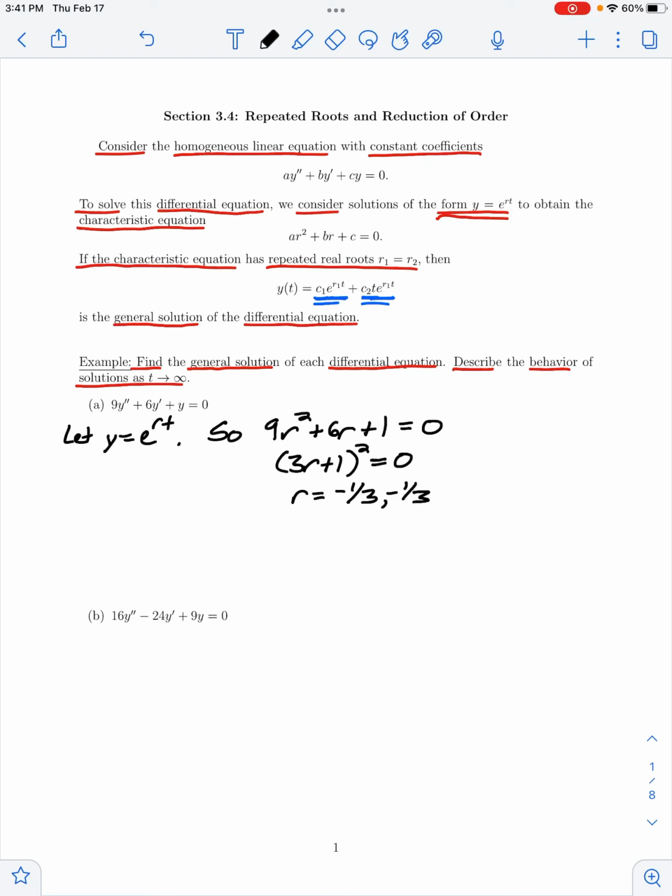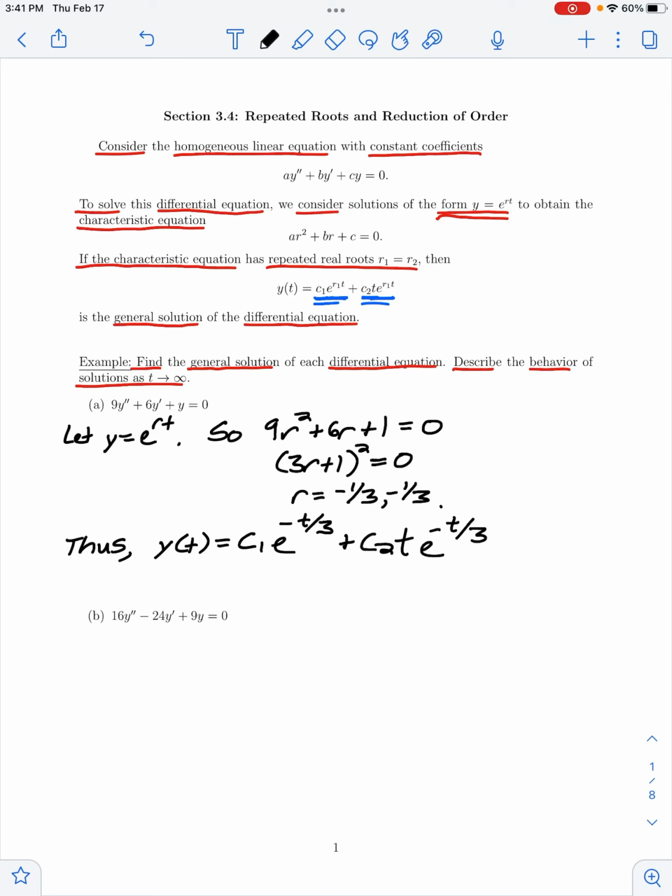In this case, with a real repeated root, a real number of multiplicity 2, we know that our general solution, y of t, is given by c1 times e to the negative 1/3 t power plus c2 times t e to the negative 1/3 t power.